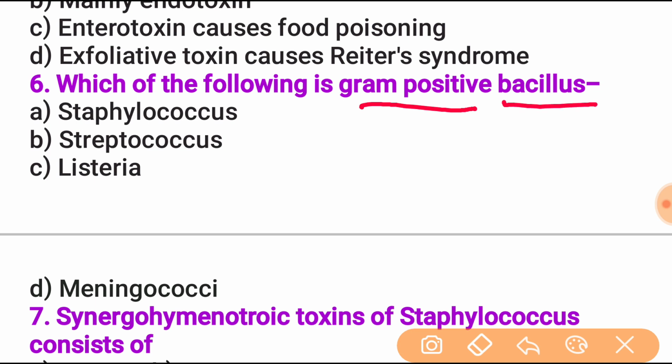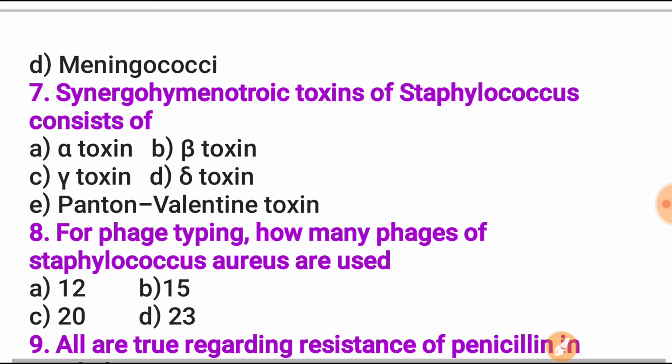Staphylococcus and Streptococcus are gram-positive cocci. The question asks about a bacillus, and the bacillus is Listeria. So the right option is Listeria. Meningococci are gram-negative cocci, while Staphylococcus and Streptococcus are gram-positive cocci.